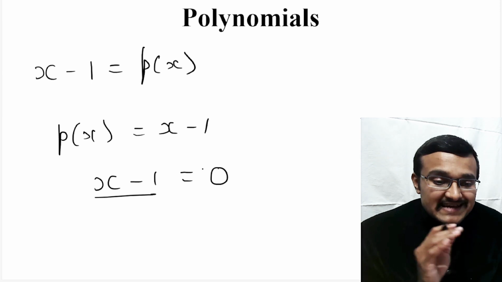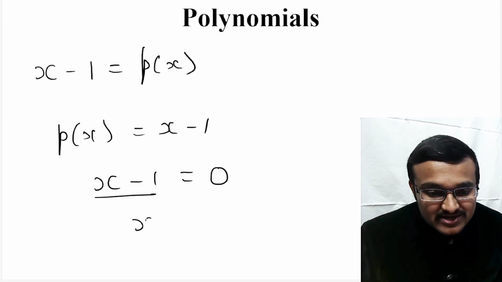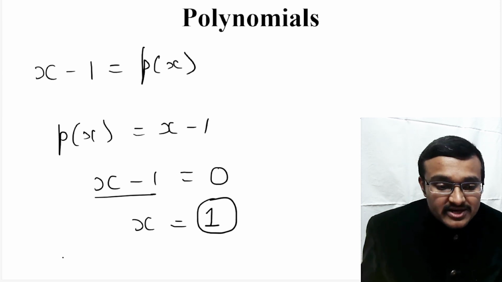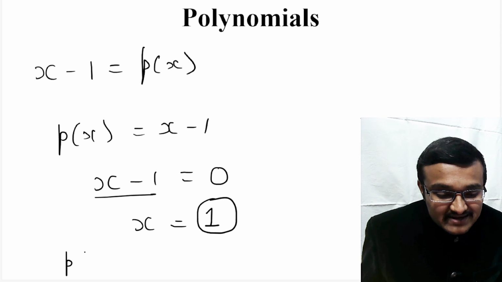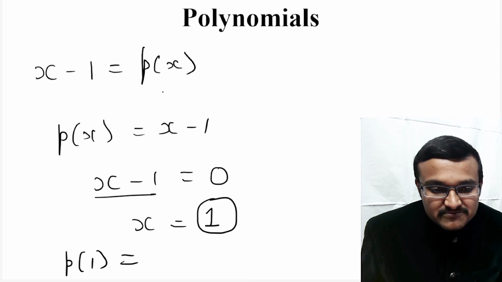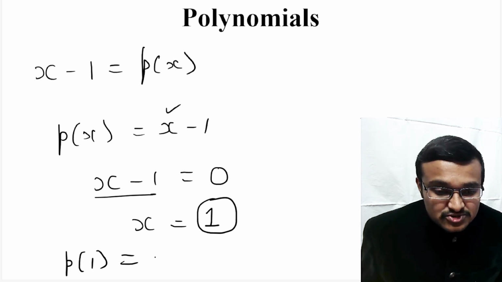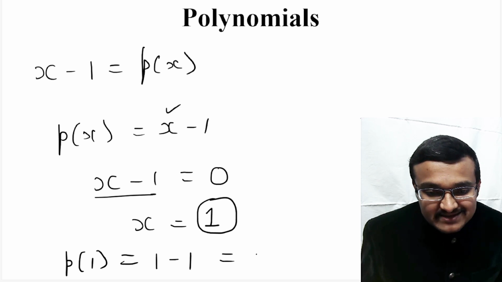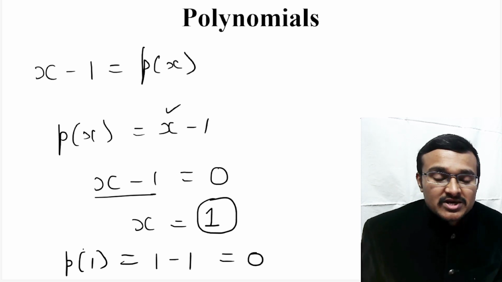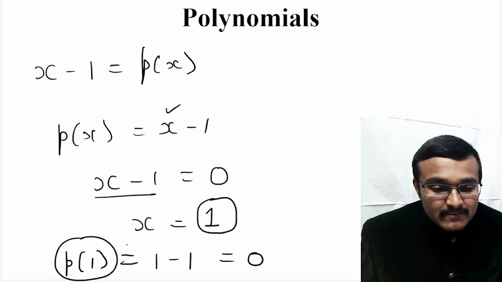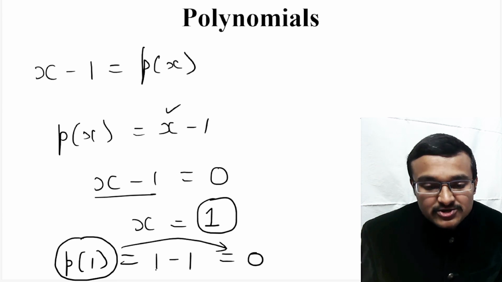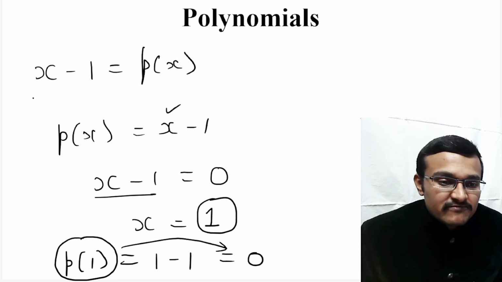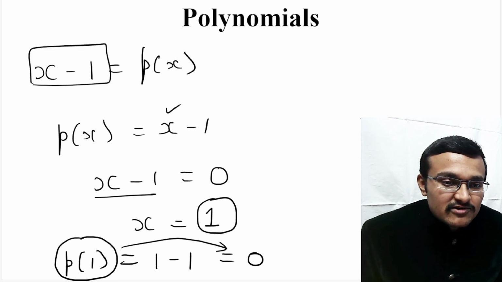If you take x minus 1 is equal to 0, then you will get the x value as 1. Now you can take p of x as p of 1 and substitute 1 in the place of x. That means 1 minus 1, that is equal to 0. So here clearly you can see p of 1 is equal to 0 for this polynomial p of x.